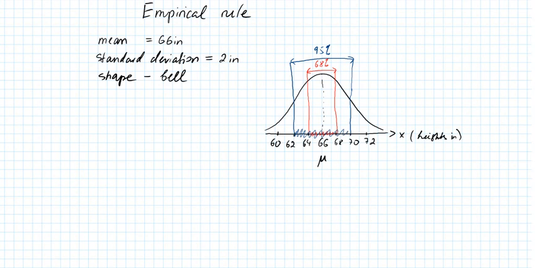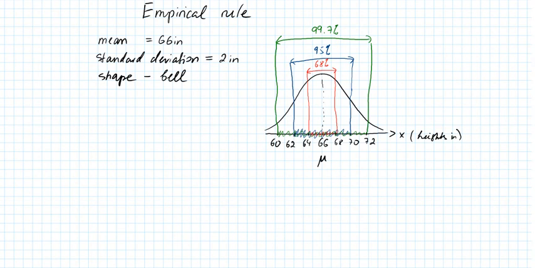And if you go 3 standard deviations, which would be from 60 to 72, that's going to be approximately 99.7% of all the data covered between 60 and 72, which is almost the entire data set, but not exactly, because you still have some area that's not covered here and some area that's not covered here. It's not a lot. It's about 0.3%, because the entire curve represents 100%.